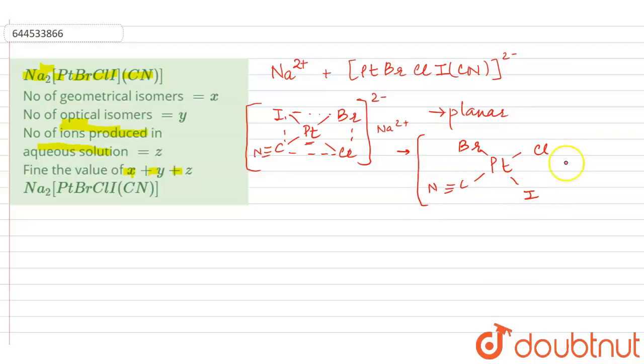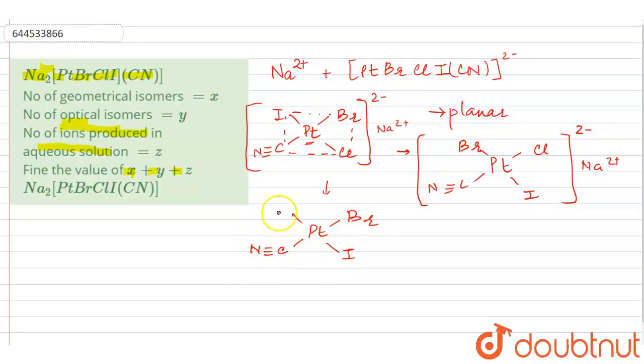This is our second one, again with 2 negative charge and sodium 2 plus. One more could be formed: bromine, iodine, cyanide, that means C triple bond N, and chlorine. So these 3 geometrical isomers are the only ones possible.